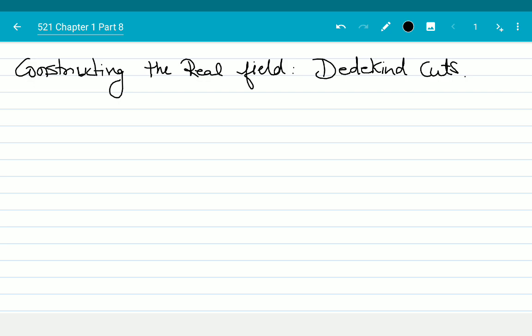Now, this might seem slightly unintuitive and artificial rather than coming up naturally, and it is slightly like that. I mean, the concept of reals far predates Dedekind. People knew the existence of non-rational numbers, even from the days of Pythagoras.